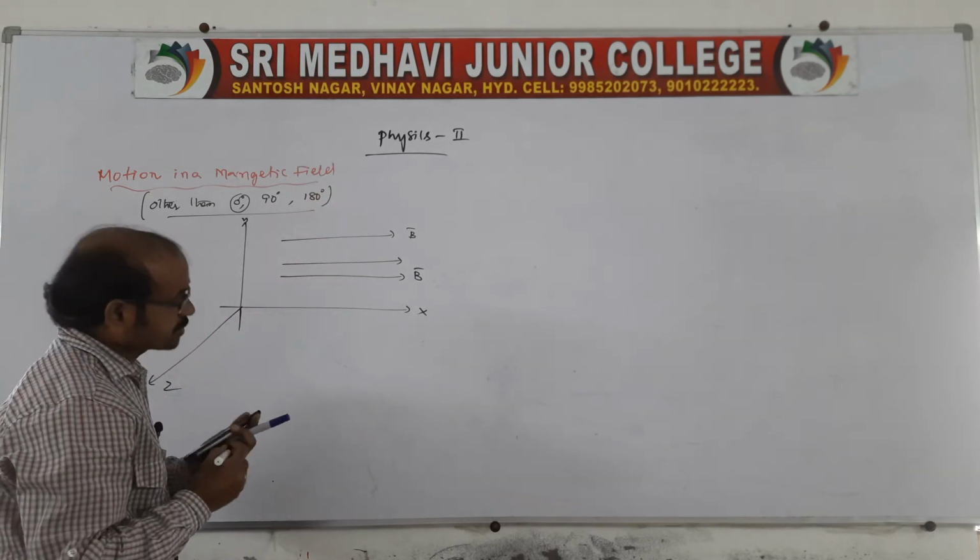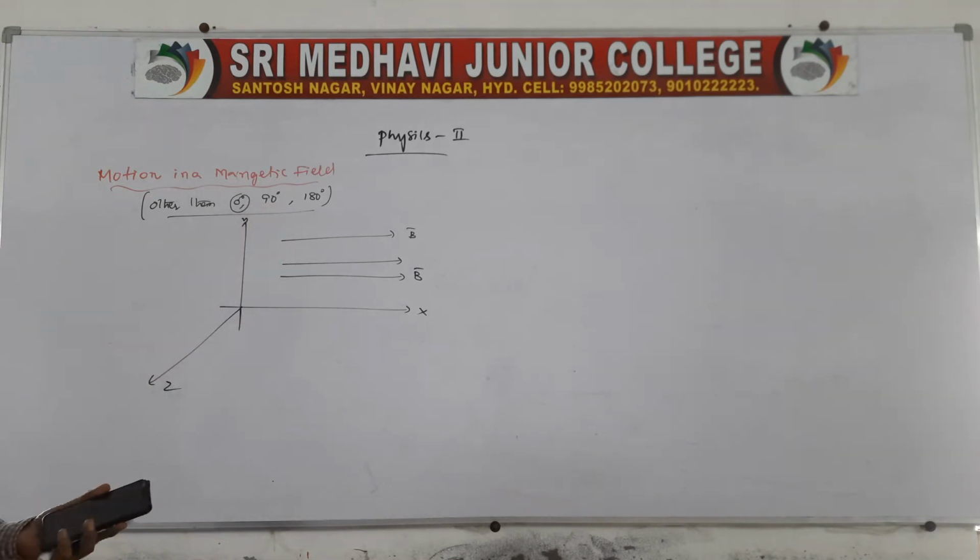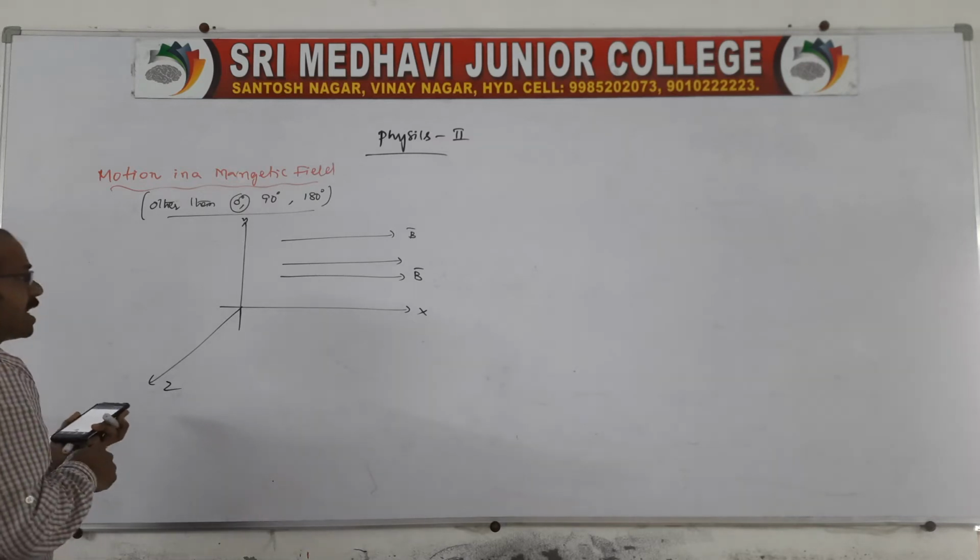Now I am saying, apart from these angles 0, 90 and 180, if the particle enters at other angles, what will be the path of the particle?